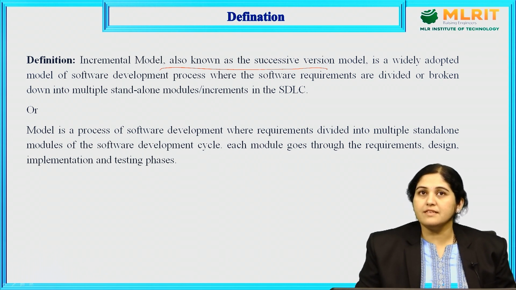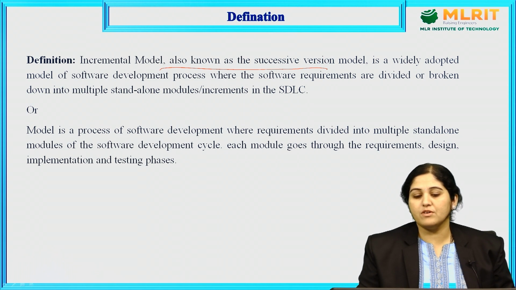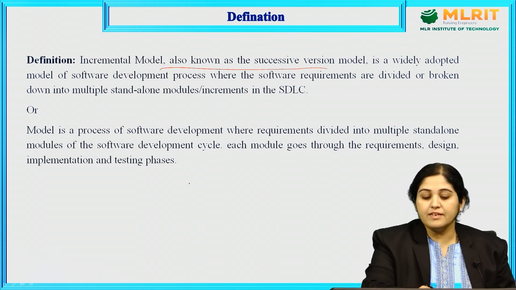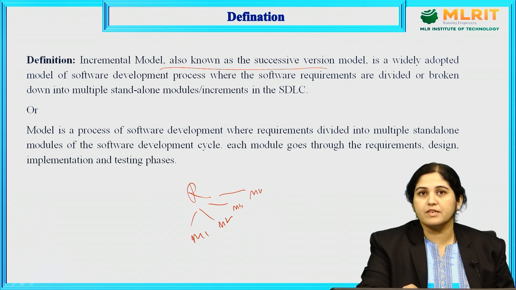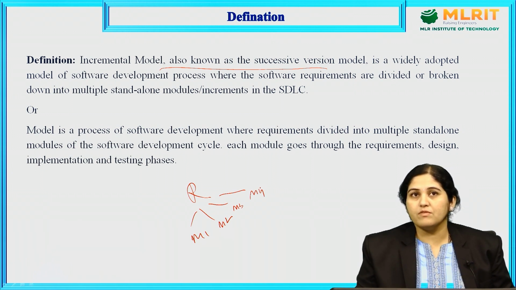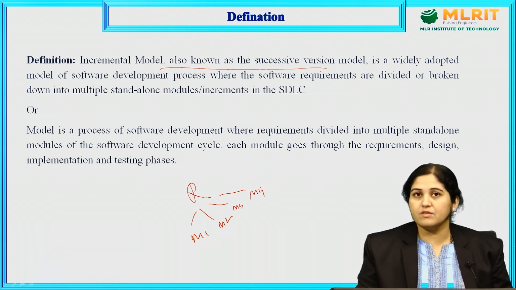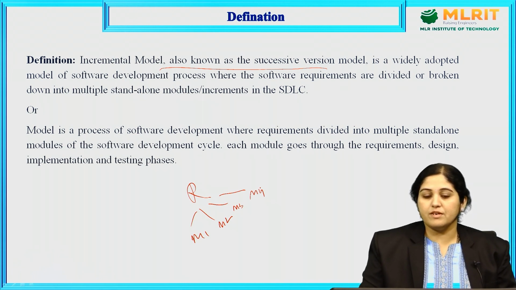But in the incremental process model, we gather the requirement from the customer, then divide it into different modules, that is module 1, module 2, module 3, module 4. We break it into multiple different builds.